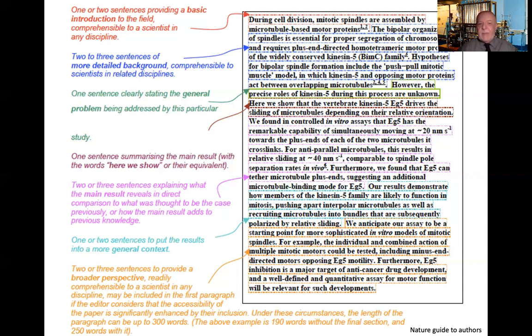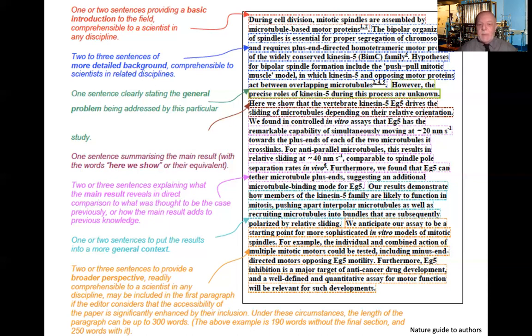Then two or three sentences explaining what the main results reveal in direct comparison, usually to some other people's work. So for example, it could say that the new power system on these robots shows a 10% improvement over previously related results, something along those lines.